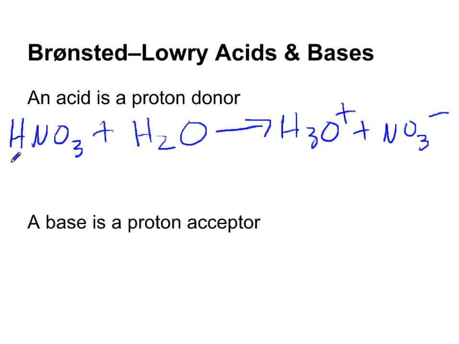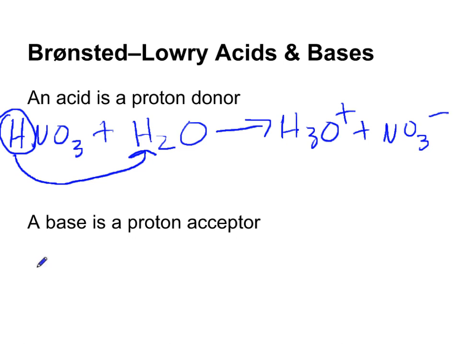What happened is this hydrogen was donated to the water to create the hydronium and the nitrate on the product side of this equation. So this hydrogen ion, this proton, was donated to water to create these products.